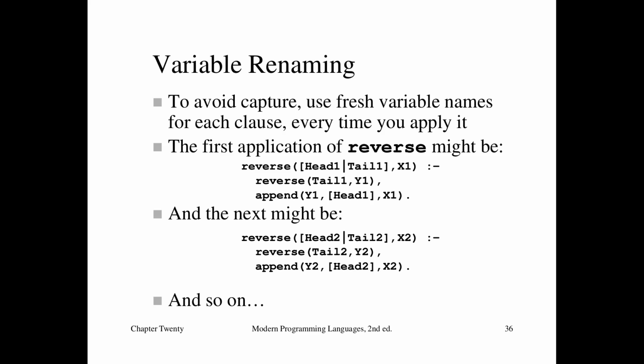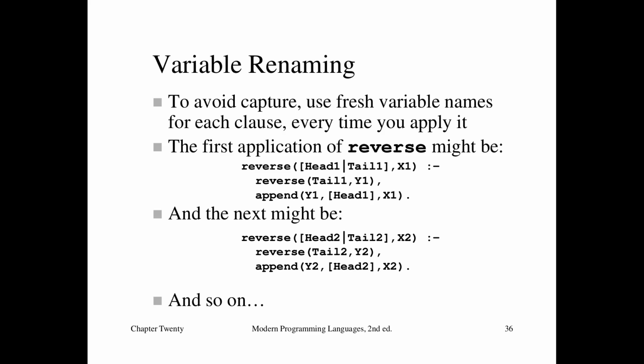In order to do this, we use fresh variable names for each clause every time we apply it. So the first application of reverse might be reverse head 1, tail 1, x1, reverse tail 1, which then calls reverse tail 1, y1, and then we append y1 to the list of head 1 and x1.